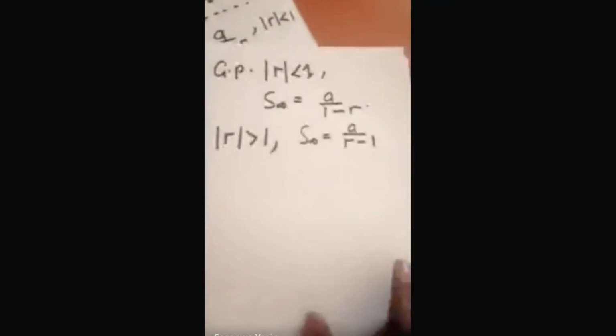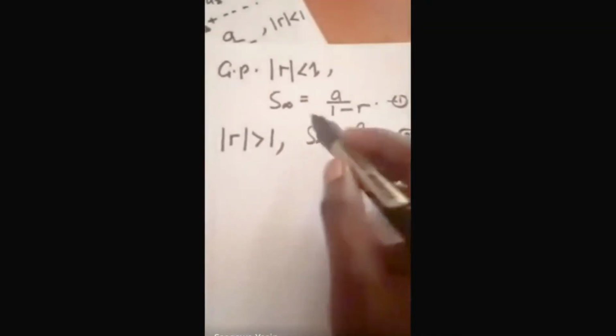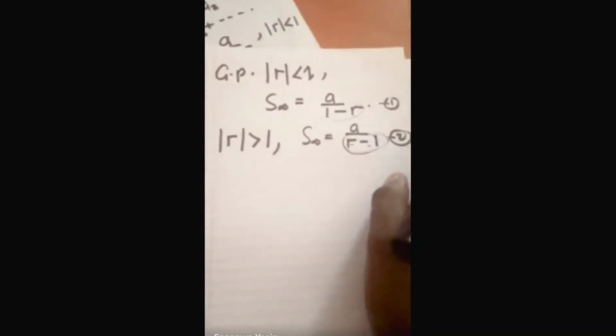But if the magnitude of r is greater than 1, the sum to infinity will be a over r minus 1. Now, in these two provisions, we don't have a situation where r equals 1, because when r is equal to 1, these expressions will not be defined. So we take them to be at that level.